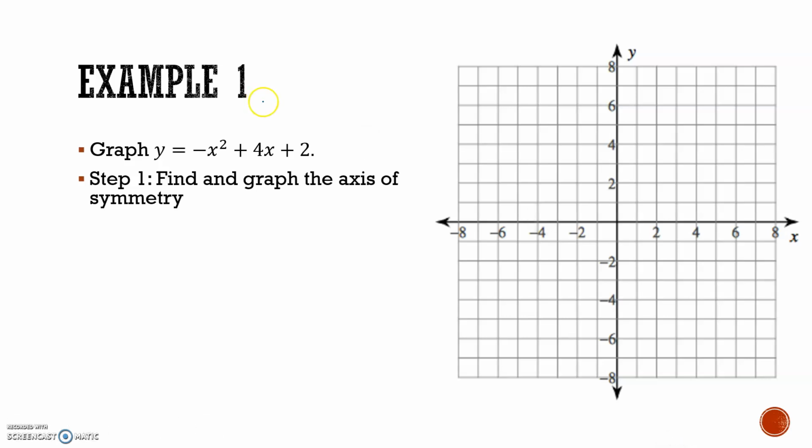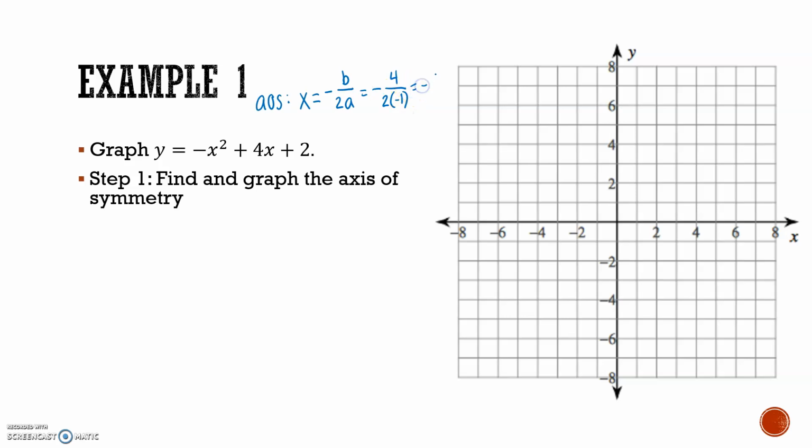To find the axis of symmetry, or the AOS, we do x equals negative b over 2a. So I'm going to put negative, and then b is 4, and a is negative 1. Notice that the negative sign did not account for the negative in front of x squared. It's always there in front, no matter what your b and a values are.